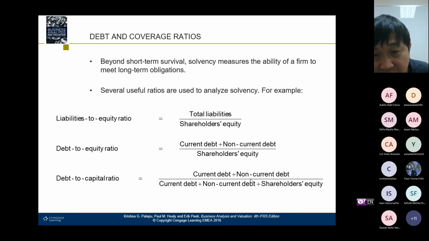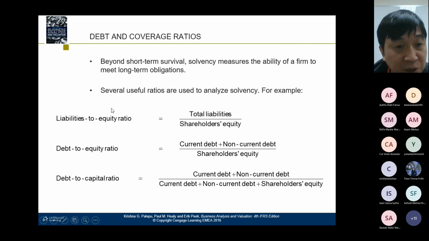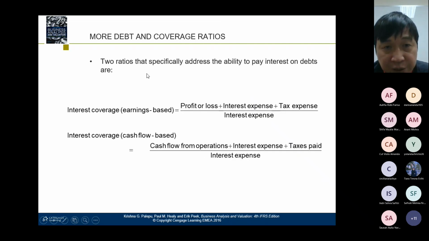Whichever one you like, you can take it to be your debt ratio. You can also take the debt to equity ratio to analyze solvency.